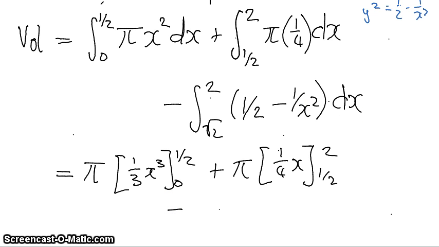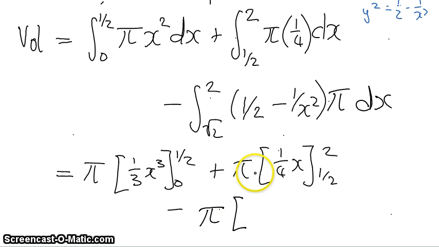Oh sorry, I also forgot the pi here, didn't I? So this should have a pi dx. Again, bring the pi at the front. What do I get? Integrate a half, I get a half x. Integrate negative 1 over x squared, I get plus 1 over x. And this is between root 2 and 2.